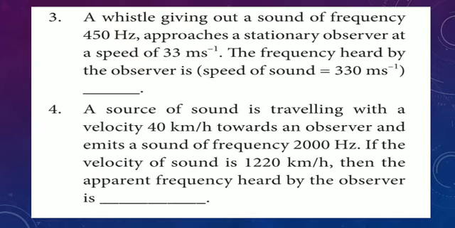Next one, third one. A whistle giving out a sound of frequency 450 Hz approaches a stationary observer at the speed of 33 meter per second, and the frequency heard by the observer is? Speed of sound is 330 meter per second.